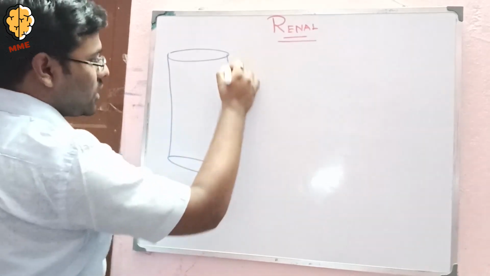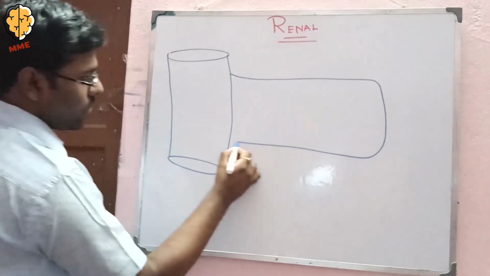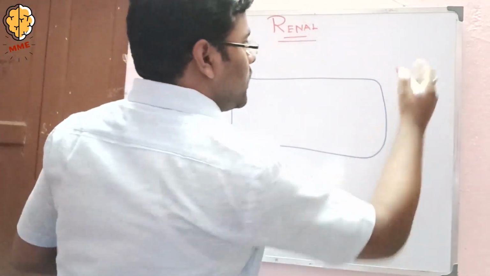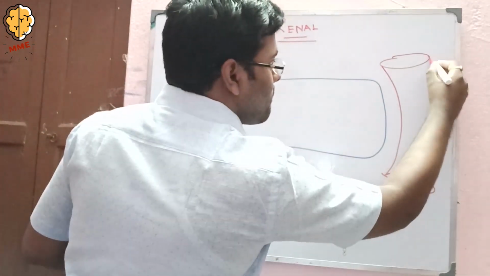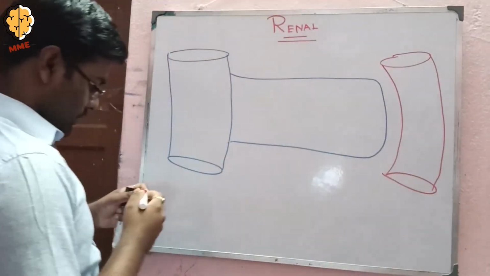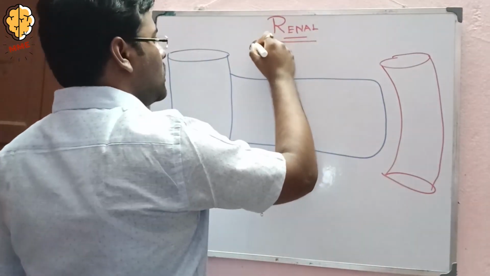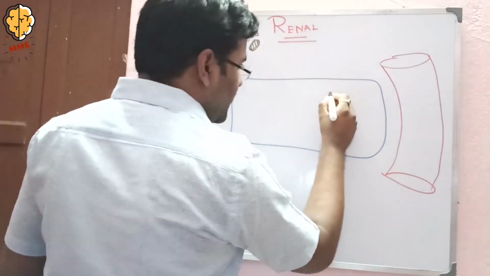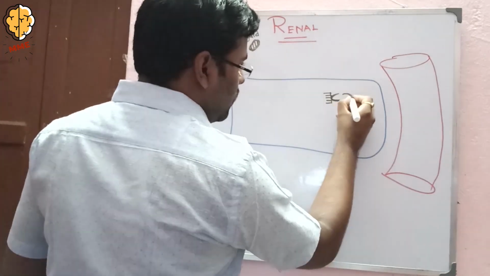That's the collecting duct of our nephron. There is a molecule called aldosterone, and there is an intracellular receptor of aldosterone.